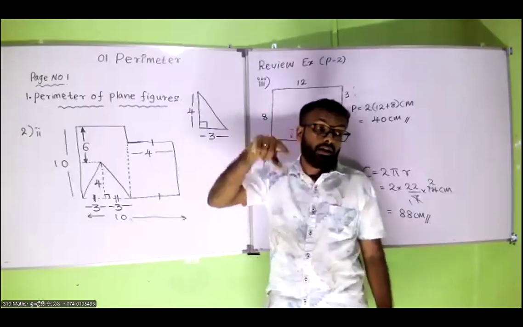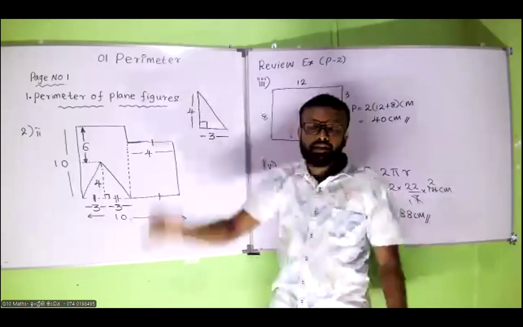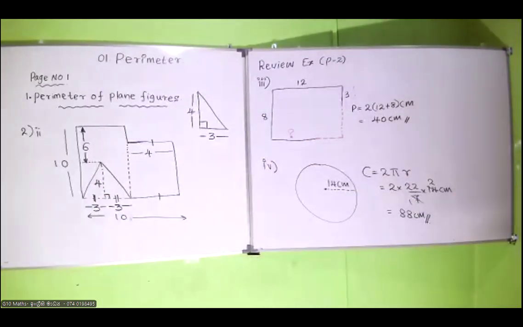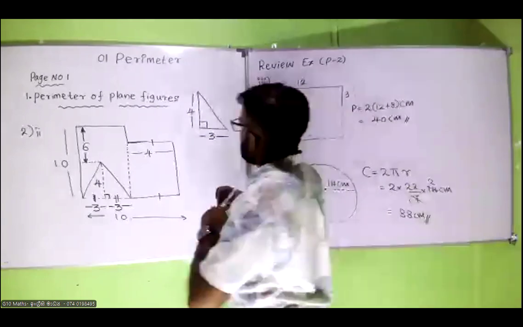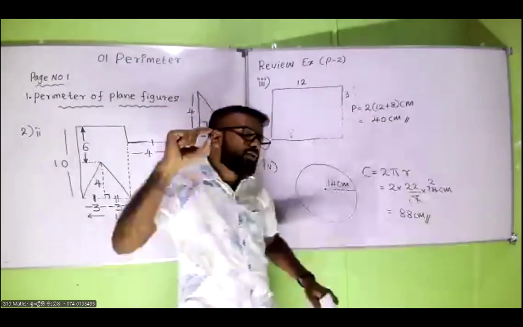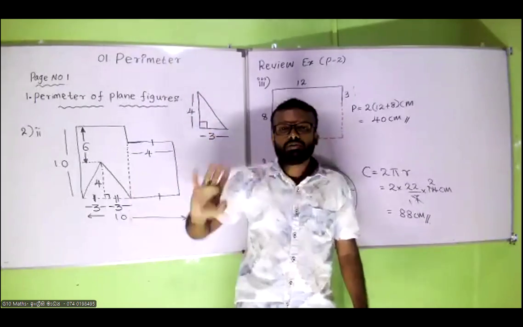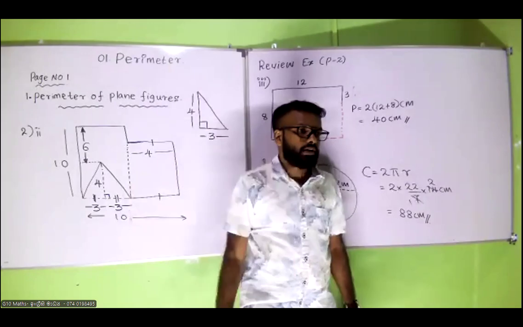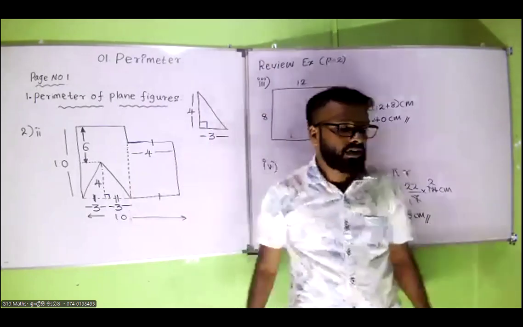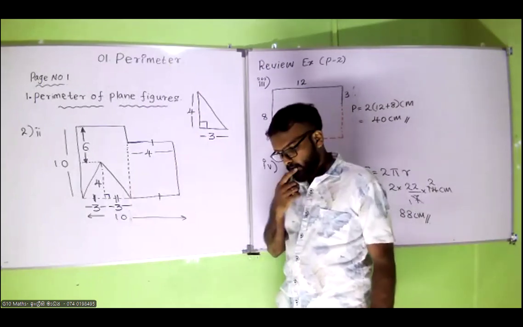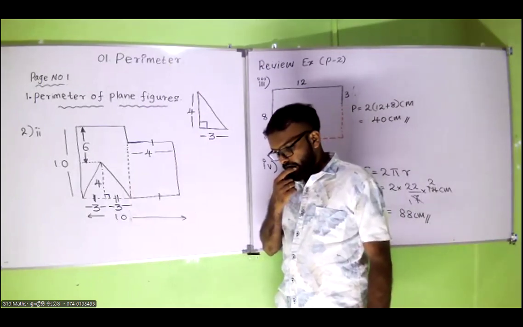What is the special name for this side of the right angle triangle? Hypotenuse. Super. Can anyone tell me how we are going to identify the hypotenuse of this particular right angle triangle? The side located opposite to the right angle.